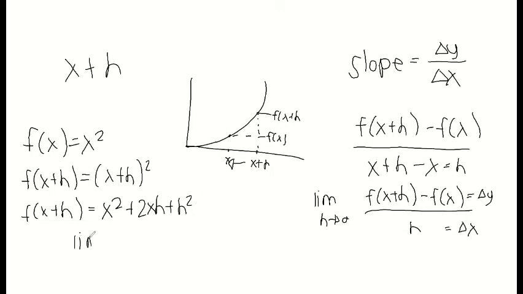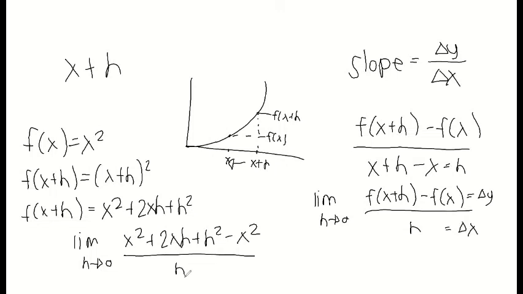The limit as h goes to 0 for x squared plus 2xh plus h squared minus f at x, which is x squared, over h. So if we solve this, those two x squareds would cancel. This h would cancel that h, and this would become just h.